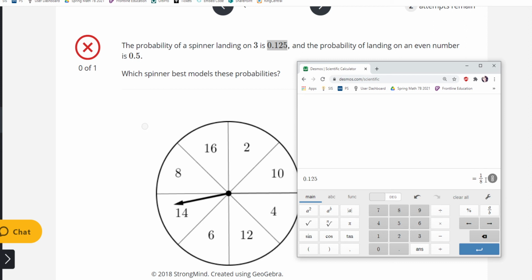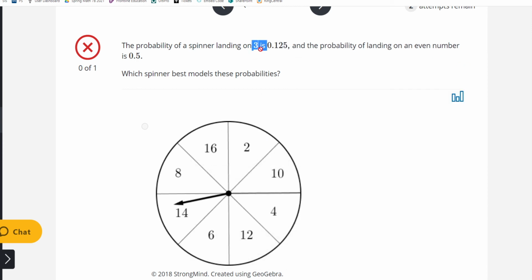This is important because that means that 1 out of those 8 slices in my spinner needs to be a 3, okay?